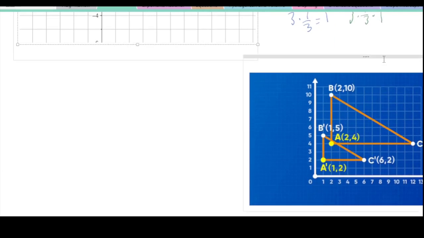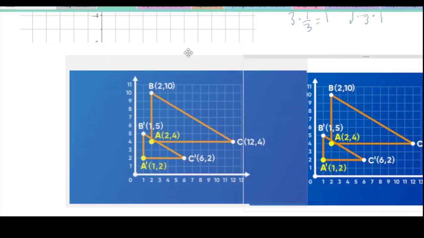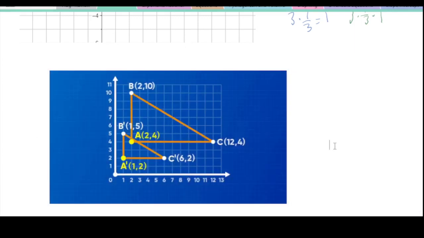Okay, and if I have a shape like this, and again, I want to find the scale factor, notice, we have to decide what's my preimage and what's my other image. So this is my preimage, because that's my before, that's my after, and we do new divided by old.